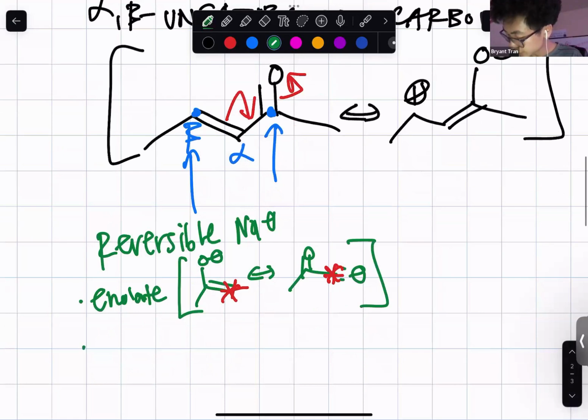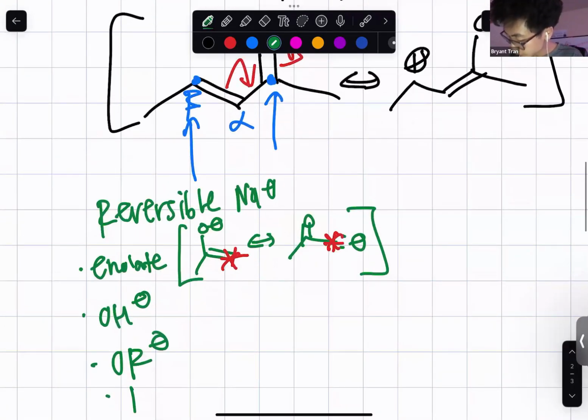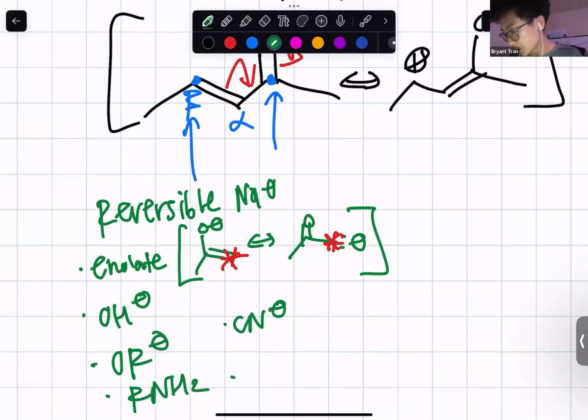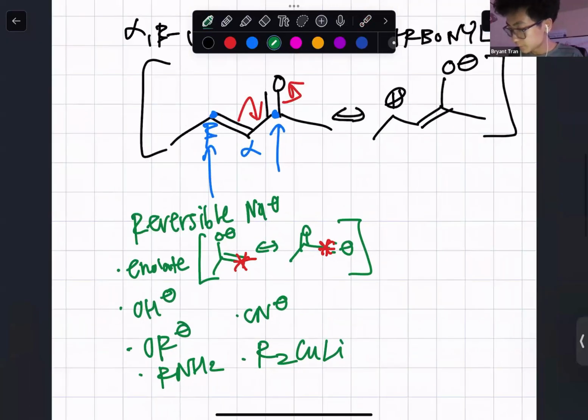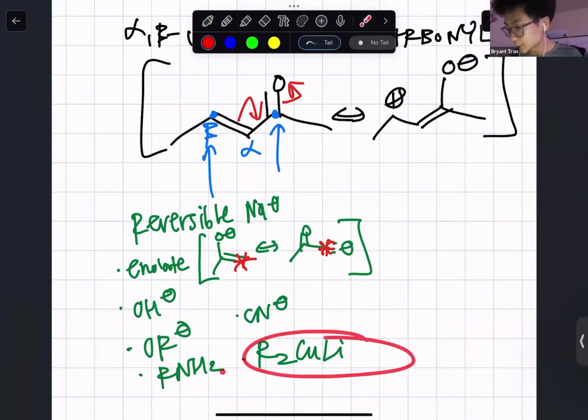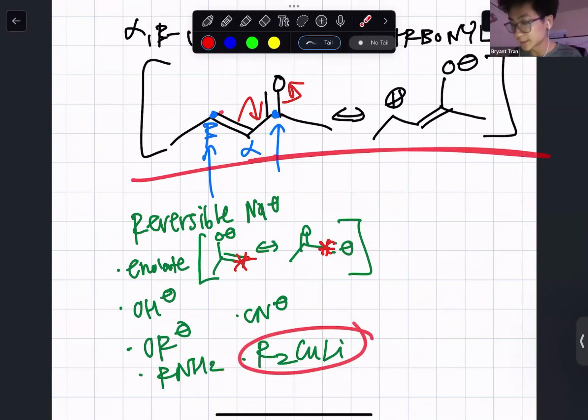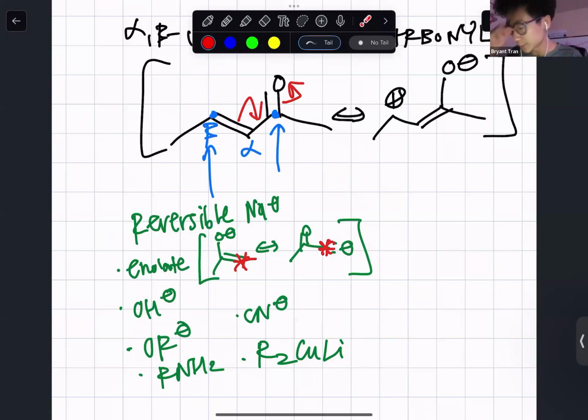It could be things like OH-, OR-, RNH2, CN-, or an organocuprate, if you have learned about that yet, with the copper lithium. If not, don't worry about that. But for 118B, you do need to know this for chapter 18, the organocuprate and the 1,4 addition. This is chapter 18 stuff for 118B, the very end of 118B.